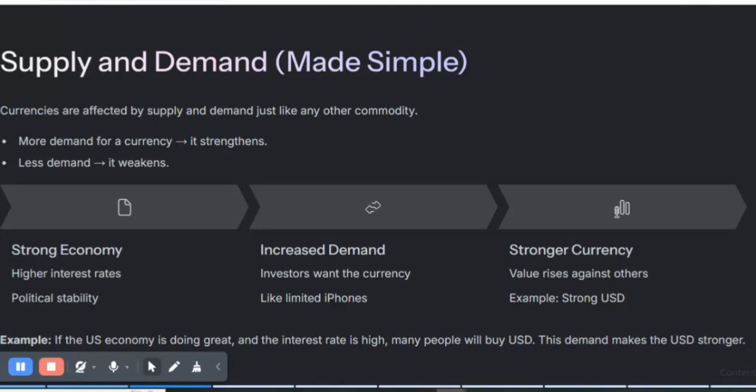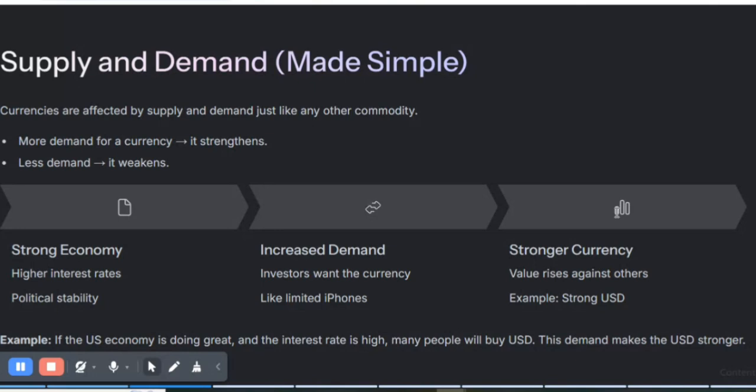So let's talk about a strong economy, right? It leads to increased demand for that particular country's currency. And the more the demand for that country's currency, the more the value of that currency rises, right?